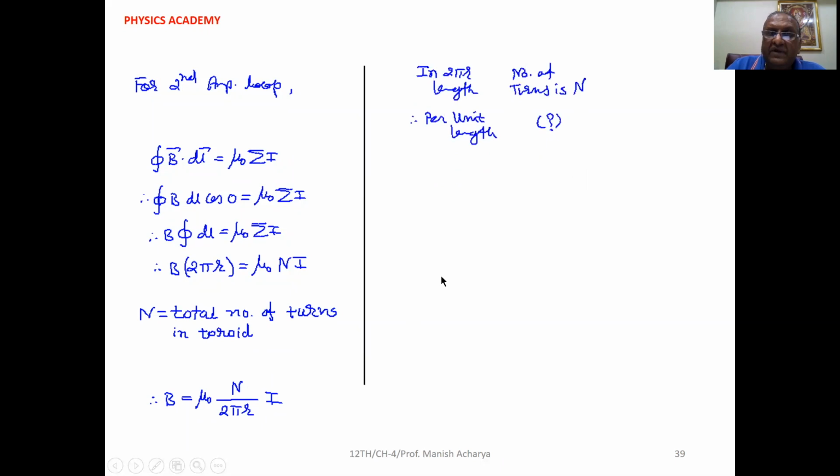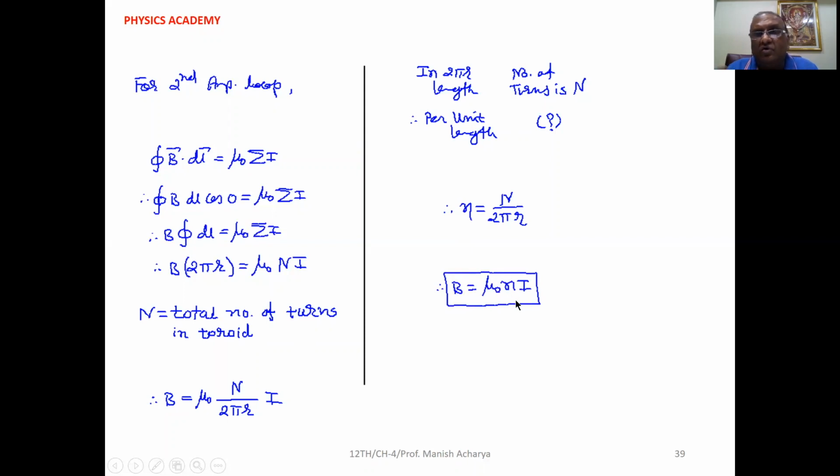In 2 pi r length, if the total number of turns is N, then per unit length how much? With this unitary method, you can understand the number of turns per unit length is N upon 2 pi r. So replace this N upon 2 pi r by small n. Again, you will get B equal to mu 0 n I.